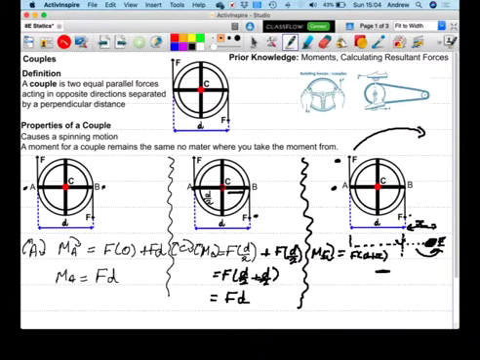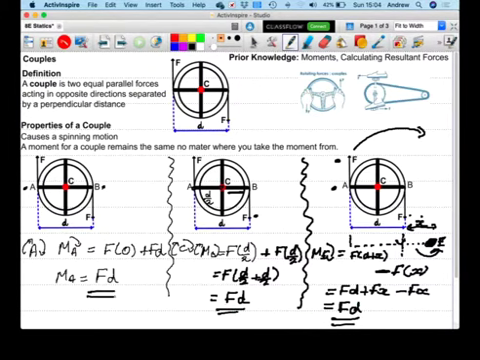So we're going to end up with a minus F times its perpendicular distance, which is x. Expanding this out, we've got FD plus Fx minus Fx. The plus Fx and the minus Fx cancel, and we end up with a moment FD. So no matter where we take it from, it's always going to have the same moment.